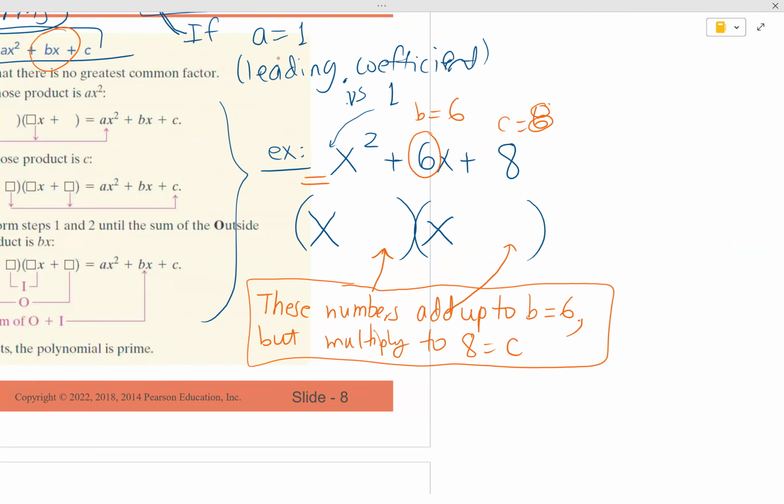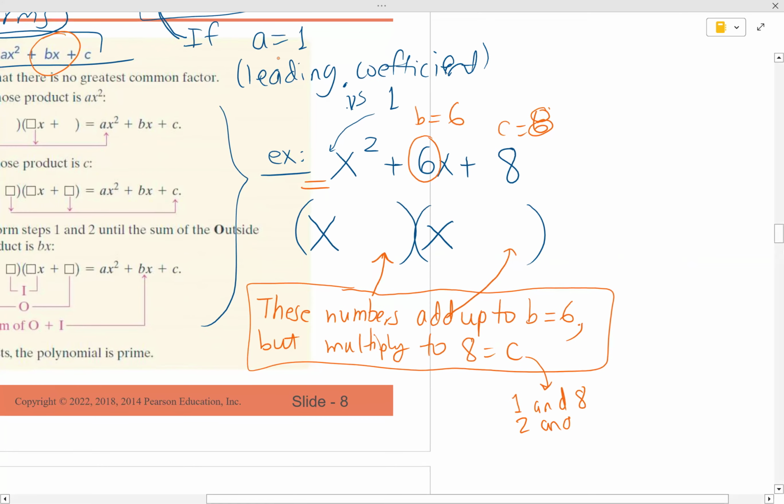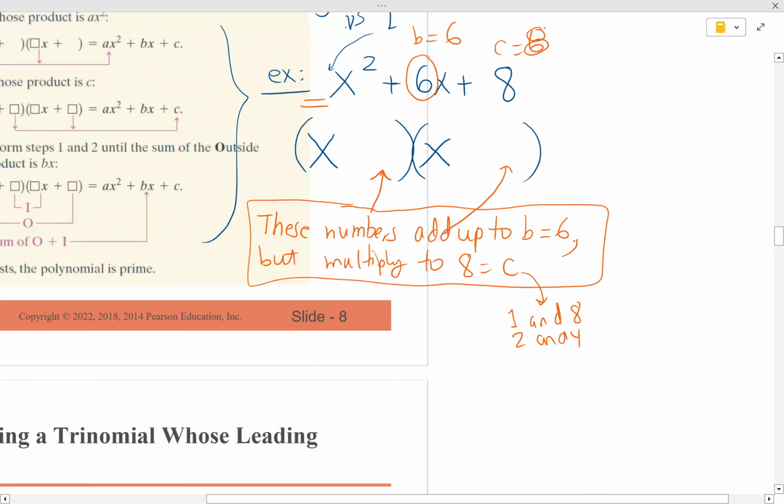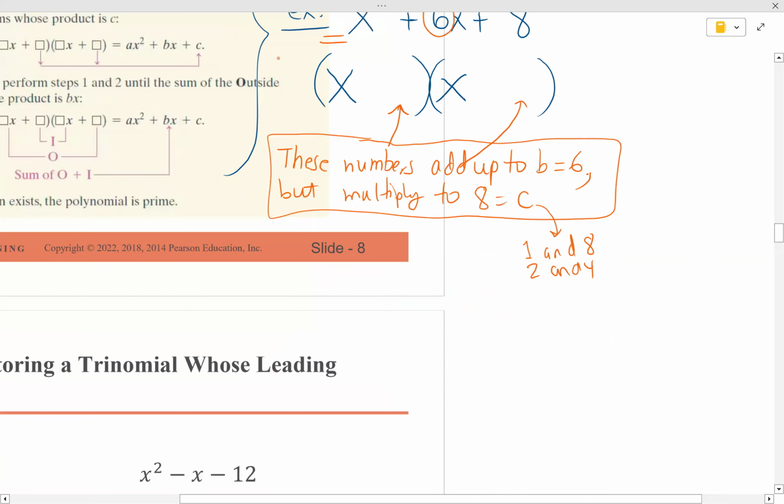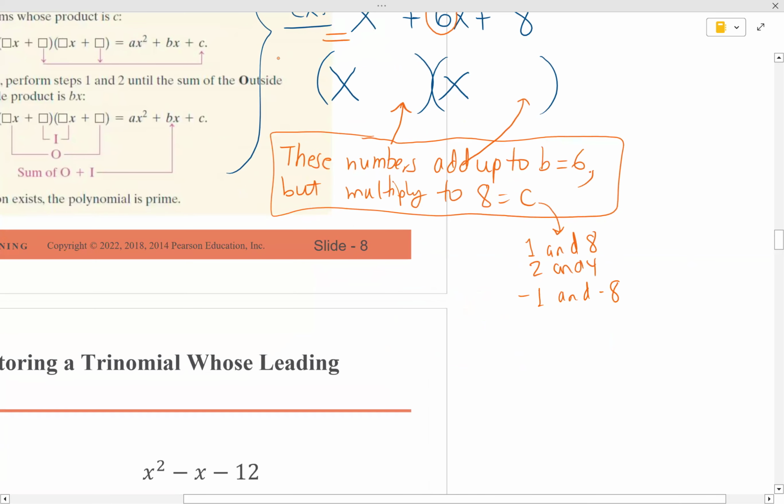If this is kind of new and you're not used to it, the good thing to do would be, okay, they have to multiply to 8. So what kind of numbers multiply to 8? 1 and 8 multiply to 8. How about 2 and 4? But you can also be negative, which is a bummer. You can have -1 and -8, because they multiply to make 8.